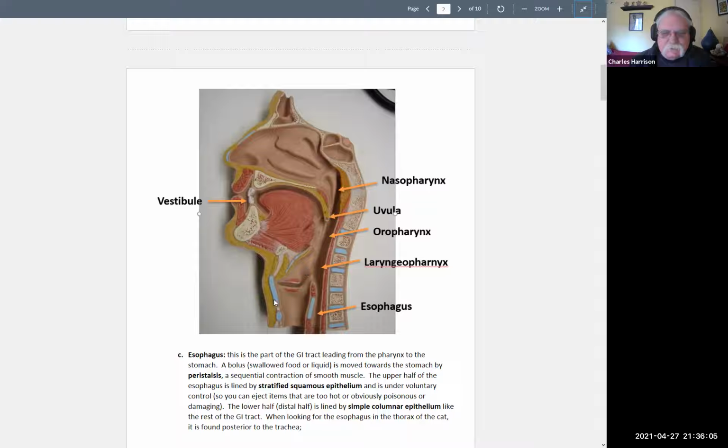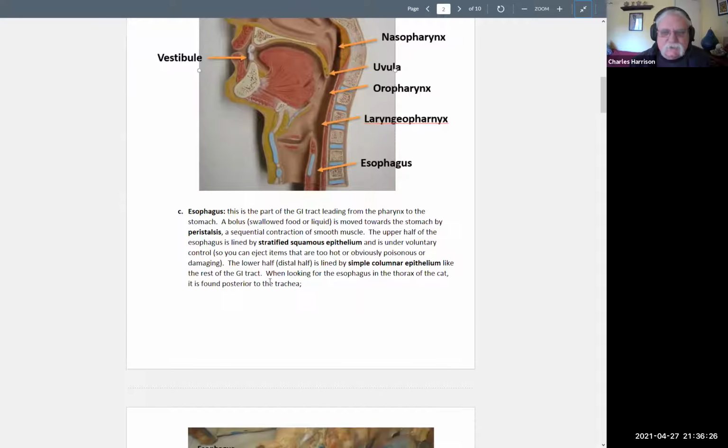Okay, we've gotten down here just as far as the trachea and the larynx, but portions of the bronchioles and the larger bronchi have the pseudostratified ciliated columnar epithelium as well.